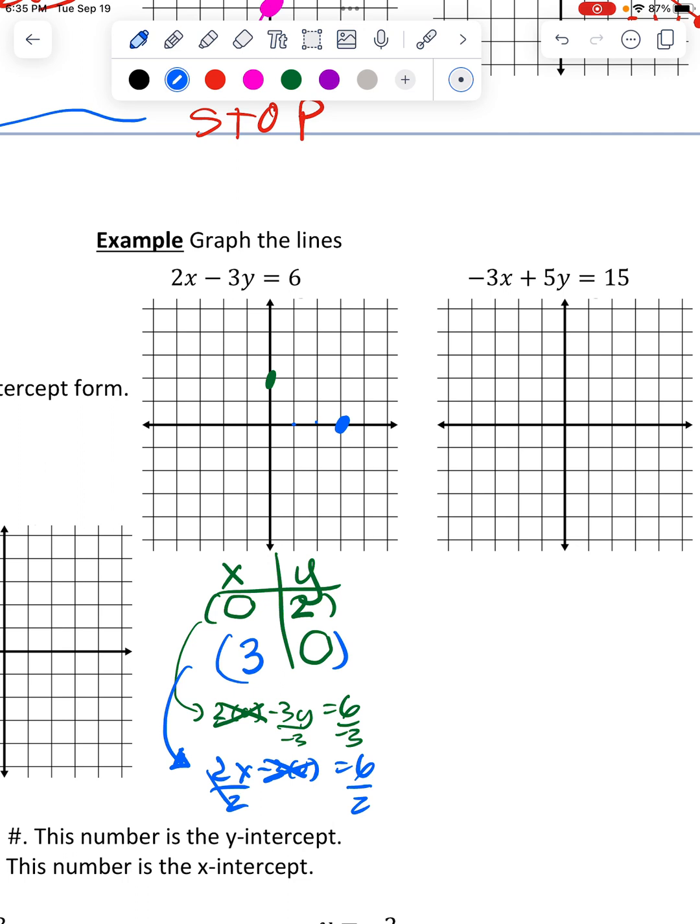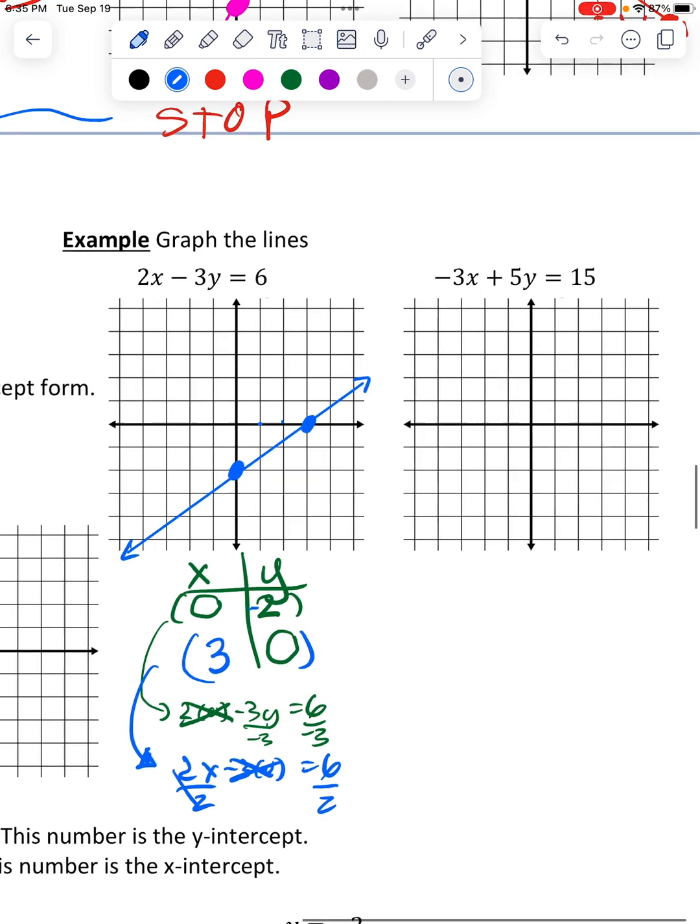So then I just connect them. Oops, I'm sorry. 6 divided by 3 up here should have been a -2. So math is hard for me. So I'm going to go to -2. I forgot about the negative sign. So then all you need to make a line is 2 points that are accurate. So if you've done your due diligence, unlike me, and done your math right, you'll be good to go.